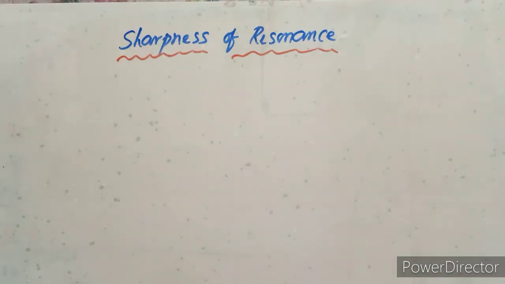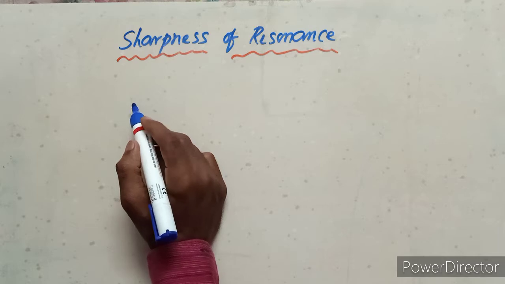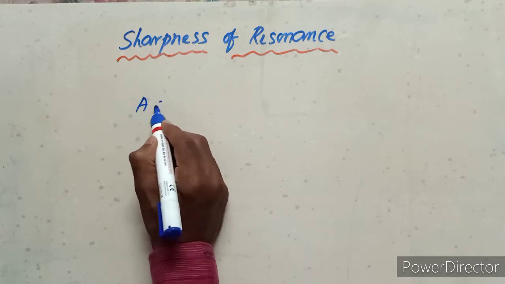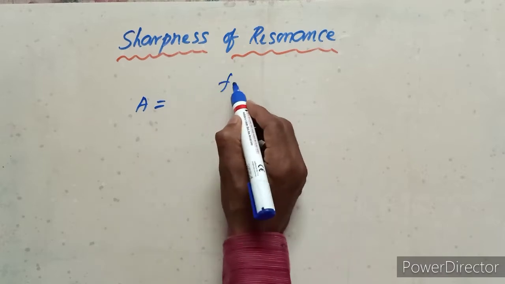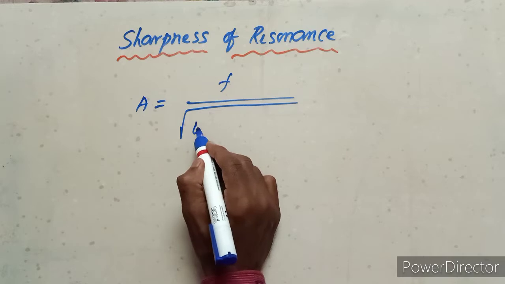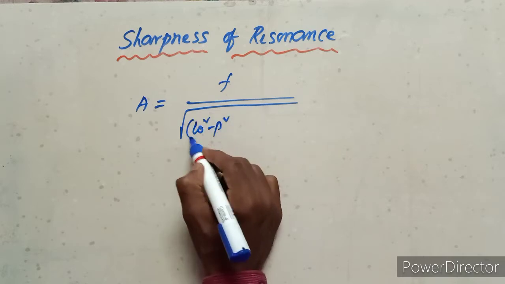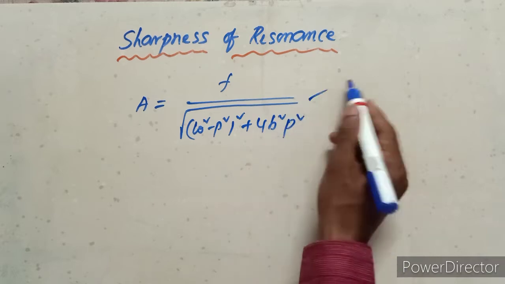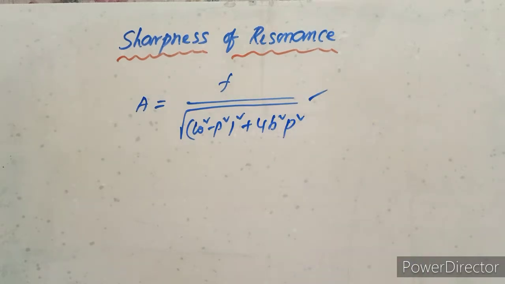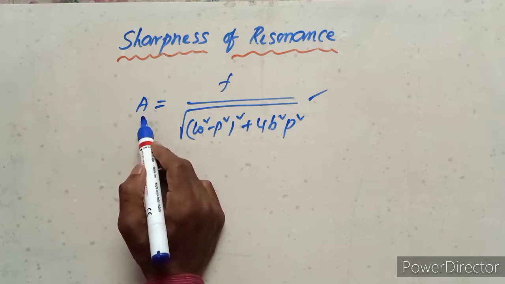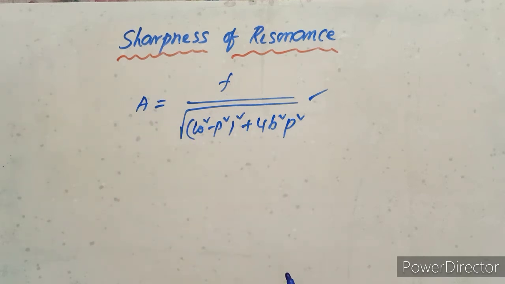What is the amplitude of forced oscillations? Amplitude is equal to f upon under root of (omega square minus p square) whole square plus 4b square p square. This is the amplitude, and when the amplitude is maximum, the condition is resonance.